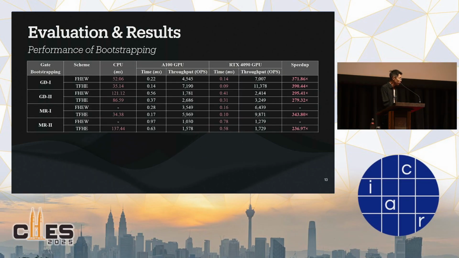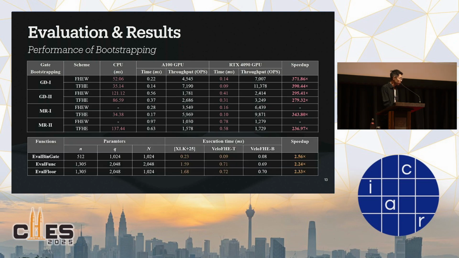For the bootstrapping performance, we mainly compared to CPU and get more than 200 times speed up in terms of throughput. We also compared with another recent concurrent GPU acceleration work, XLK 25, and get more than 2 times speed up in some specific parameter sets and tasks.